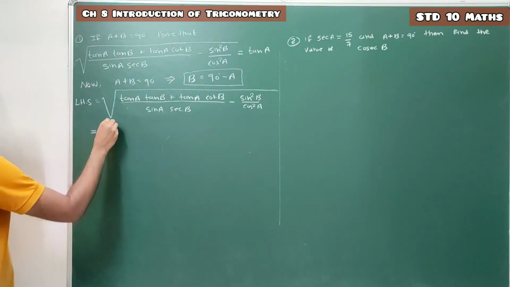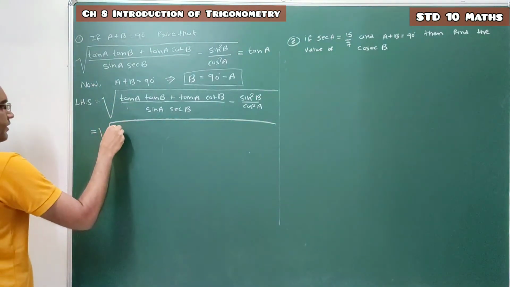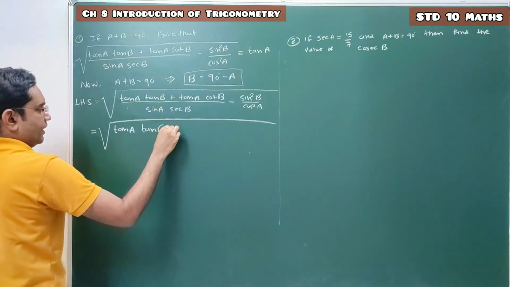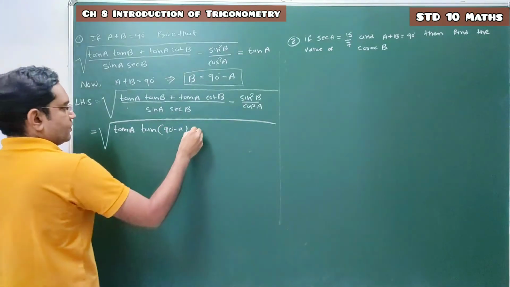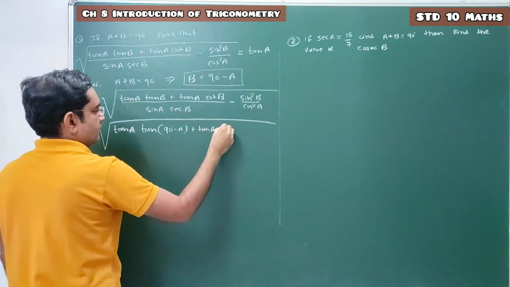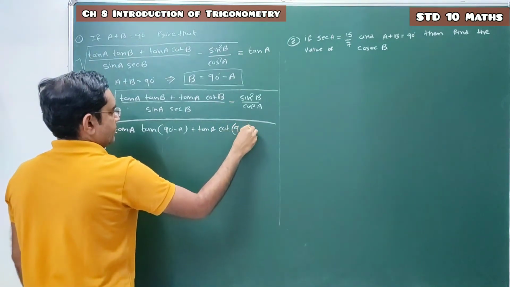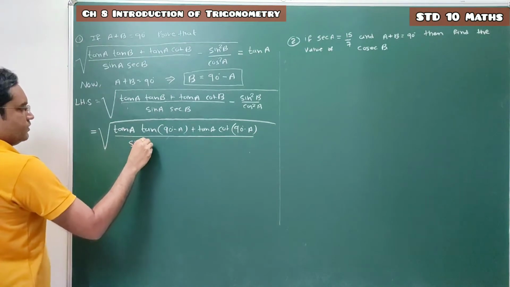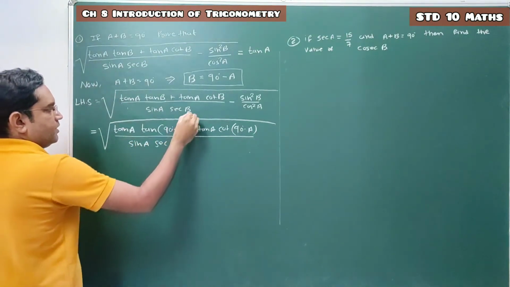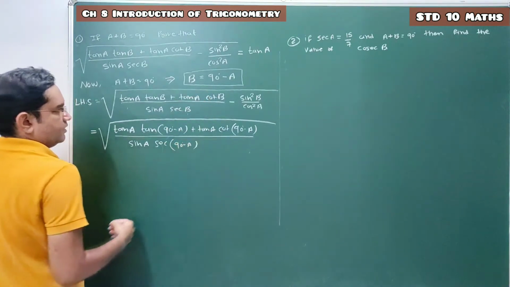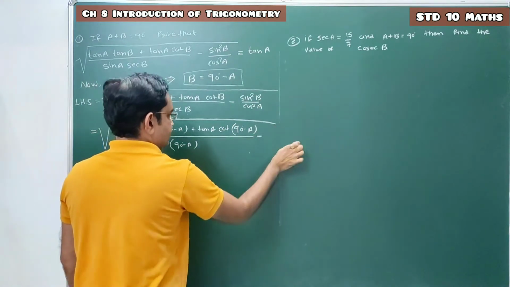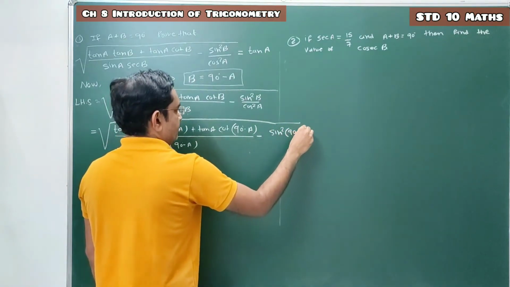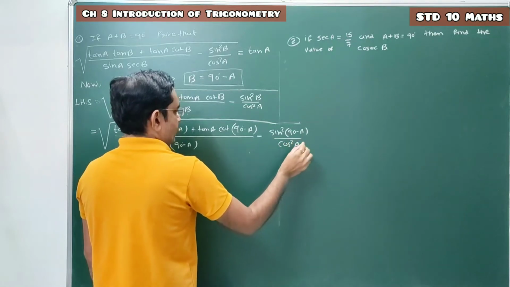So this one is square root of tan a as it is, tan b, so replacing b with 90 degree minus a, plus tan a, replacing cot b with cot of 90 degree minus a, whole divided by sin a, sec of 90 degree minus a, minus sin square of 90 degree minus a upon cos square a.